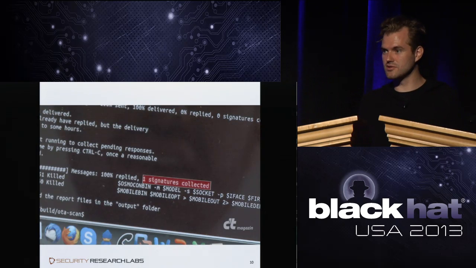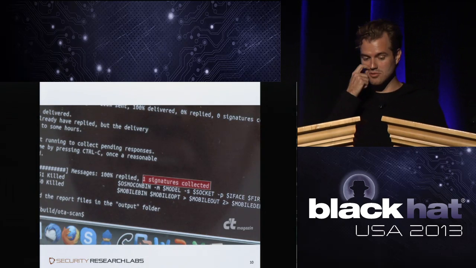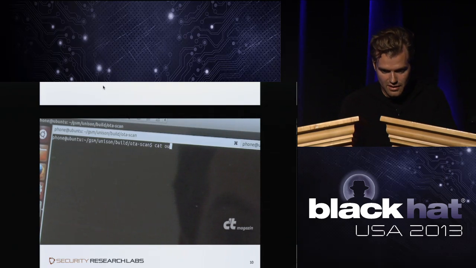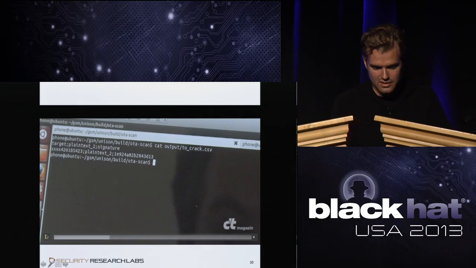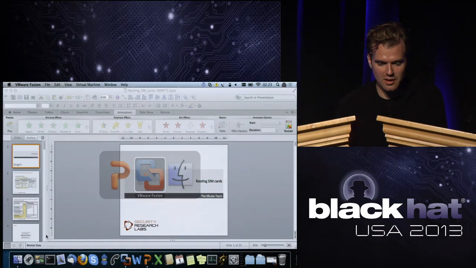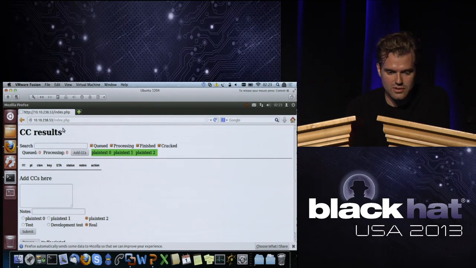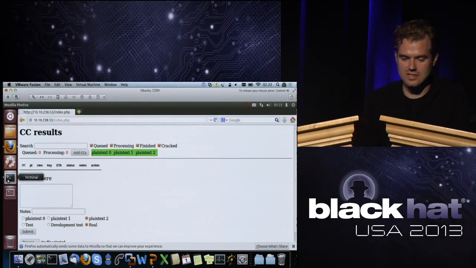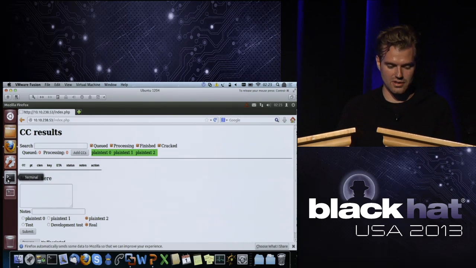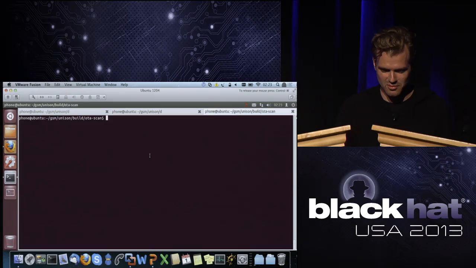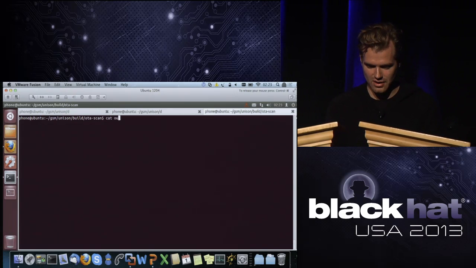So this was not user triggered or anything, and it does reply with a signature. And that signature, now, this is the second part of the demo, that we can still crack. And I'm sure that there's plenty of networks out there still where the first part would also work, just not the ones that we were prepared to show.